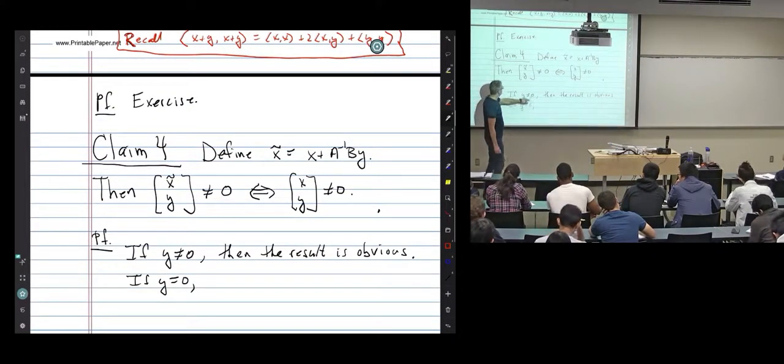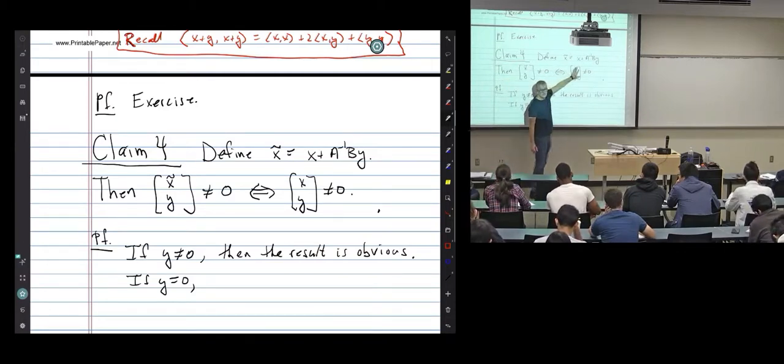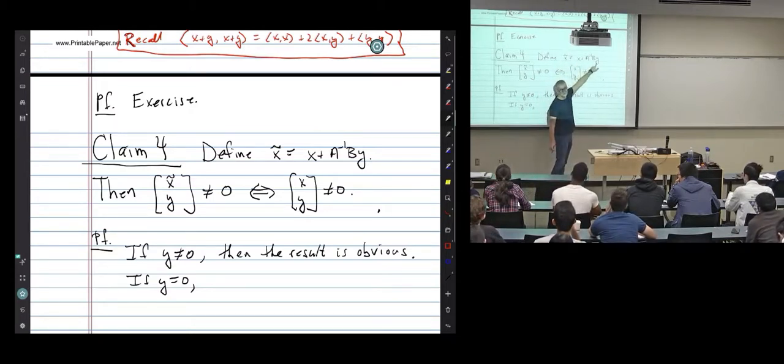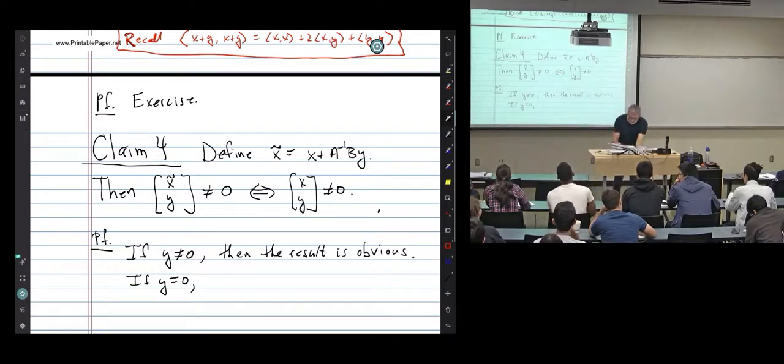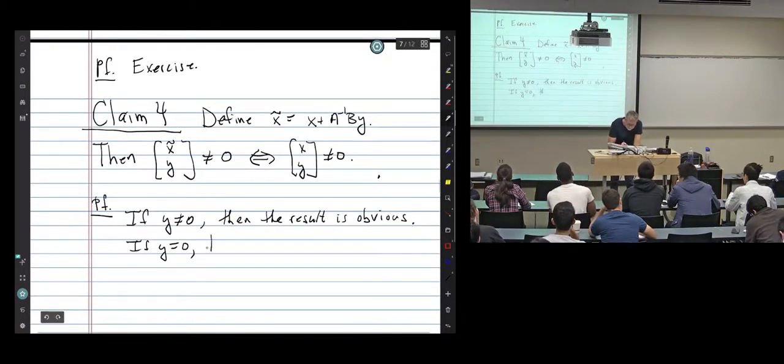If y is equal to 0, is it true that this quantity is not 0 if and only if this quantity is not 0? Well, how are these two quantities related when y is 0? They're the same, okay? So if y equals 0, then x tilde equals x, and the result is also obvious, okay?